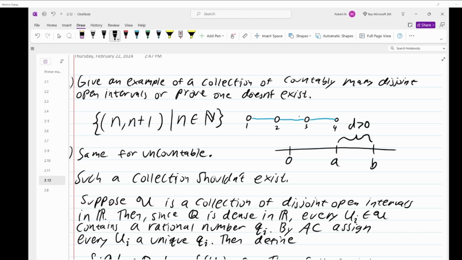By the Archimedean property of the real line, there is some n big enough such that 1 over n is smaller than d. If we take multiples of 1 over n and keep adding 1 over n to itself, eventually we're going to hit a. Either some m over n is smaller than a, in which case (m+1) over n is in between a and b, or that m over n is already between a and b.